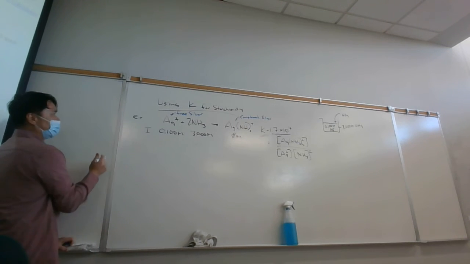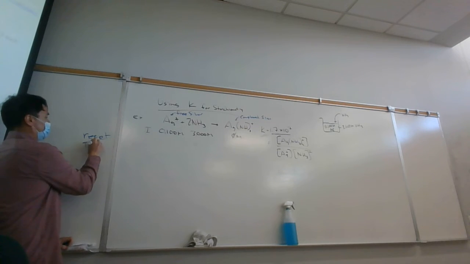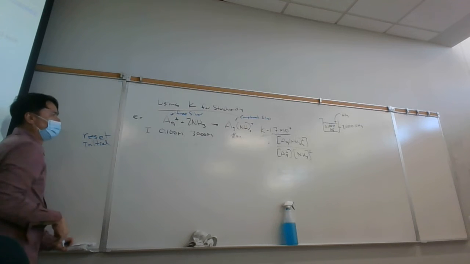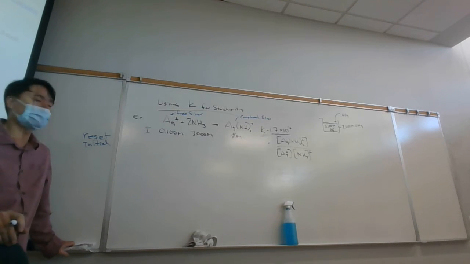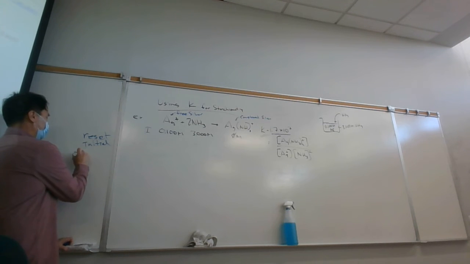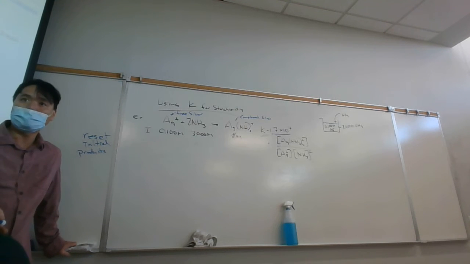And so this is called reset. We're going to reset the initial. We know products are heavily favored, so we're going to reset the atoms to the products. Now, if the reactants were heavily favored, we wouldn't reset. We just leave it as is.